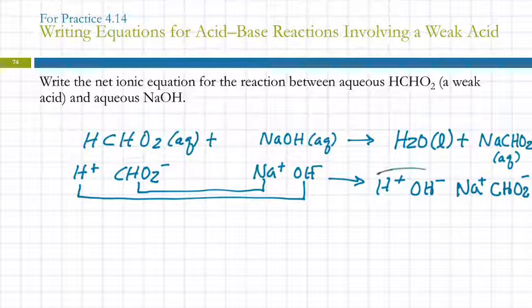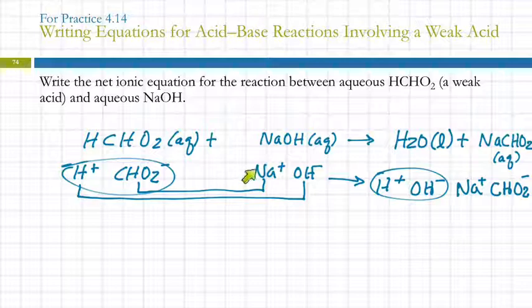So anything that's a solid or a liquid or a gas. So water would be written as water. This is an acid, but it's a weak acid. So a weak acid is written as a molecule because that's what it mostly is in solution. So we're going to keep those two together.